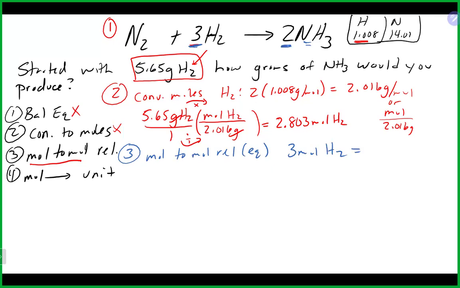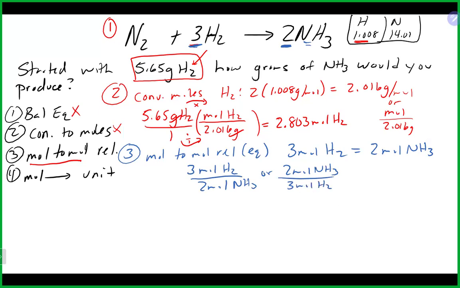It is 2. Again, the coefficient that is in front equals 2 moles of NH3. That's our equality. And again, from that, we could get 2 conversion factors. We could get 3 moles of H2 over 2 moles of NH3, or 2 moles of NH3 over 3 moles of H2.